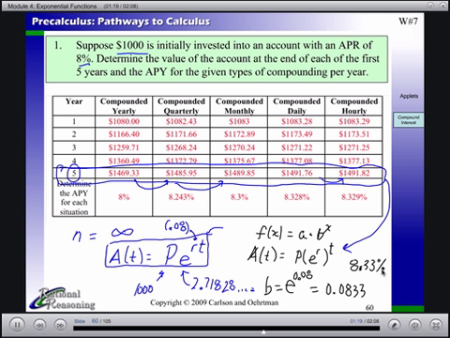That's the best we can do for compounding. We can't compound any more often than every moment. So 8% doesn't become infinity when you compound continuously. As you compound more and more often, it approaches this best case scenario, continuous compounding, an APY of 8.33%.